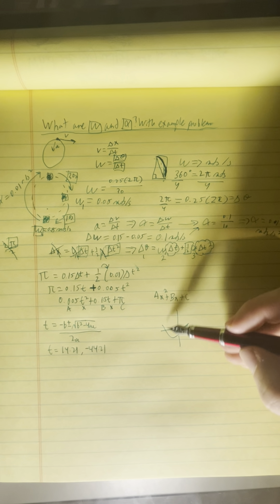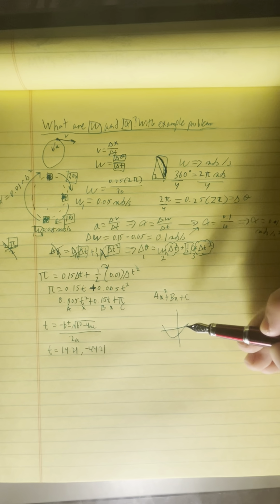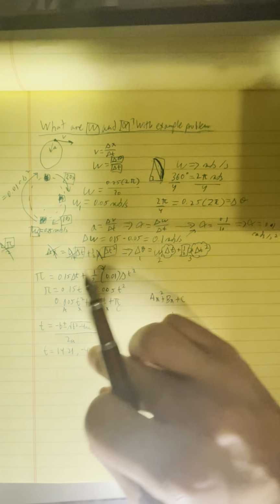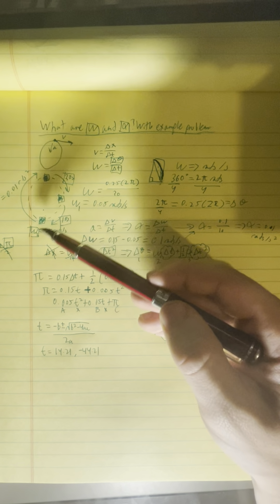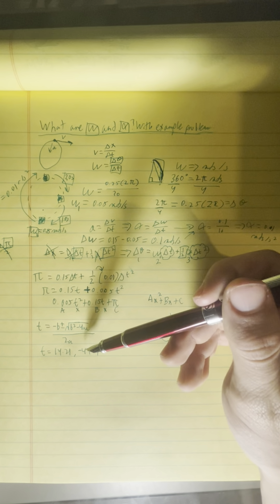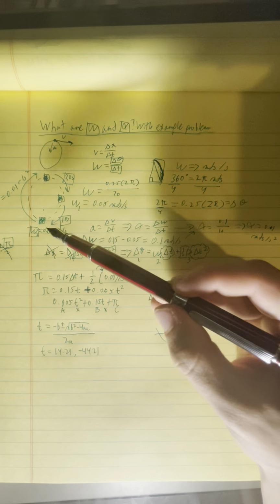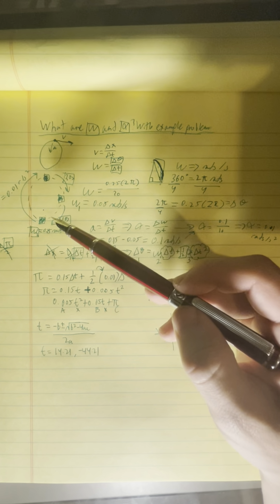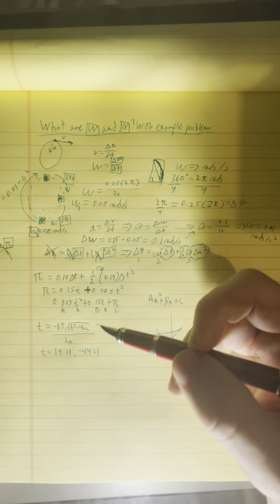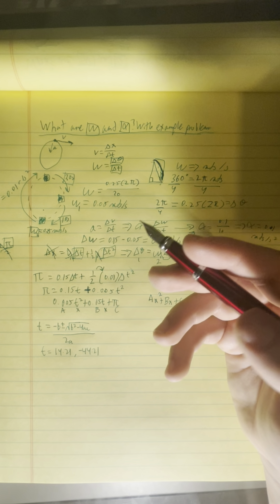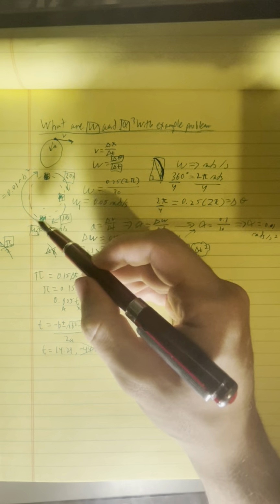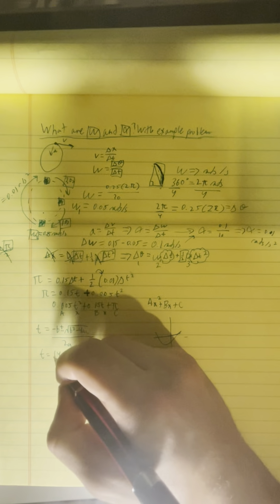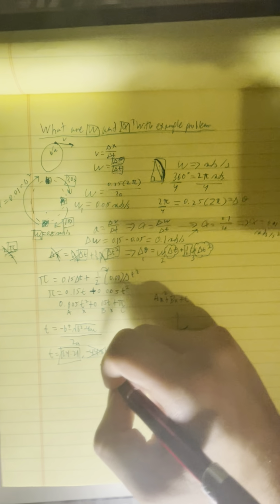But we can only have one of these solutions, because we're solving for time. Unless this car is somehow traveling through time like it's from Back to the Future, I don't think it's doing that. So we can cancel out the negative answer because it doesn't make sense, meaning that our time for this half rotation is 14.21 seconds.